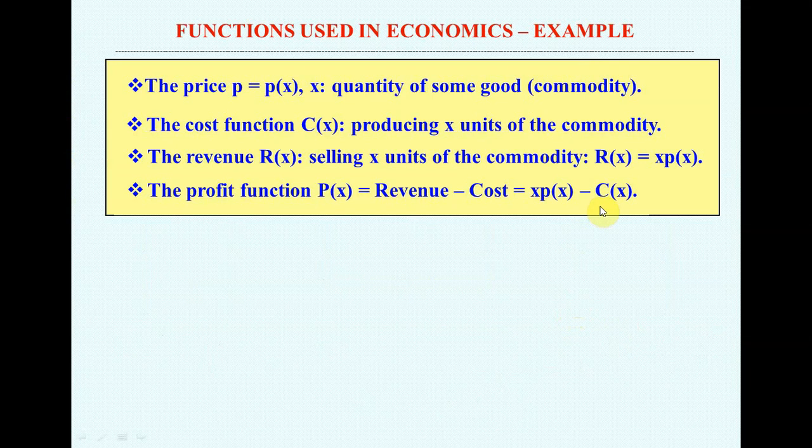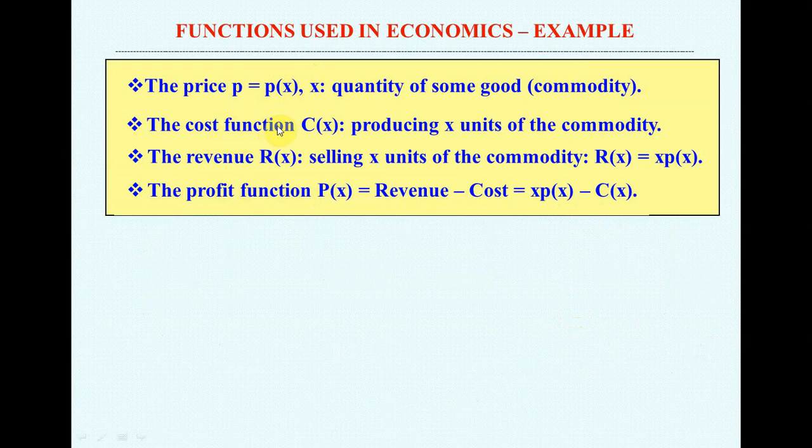Not only linear or quadratic, but also a lot of functions can be met in economics. The most basic will be first the price. The price p depends on the quantity. When we have a lot of quantity, usually the price will decrease.